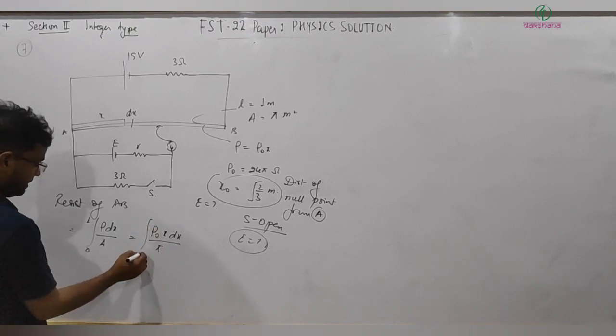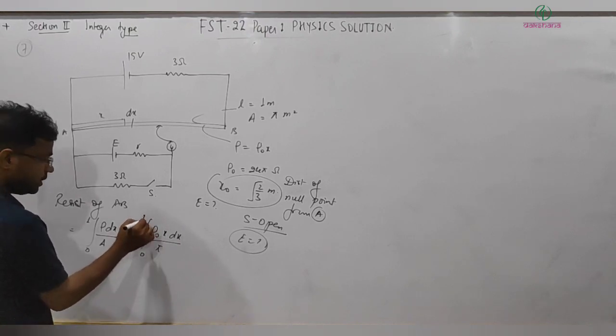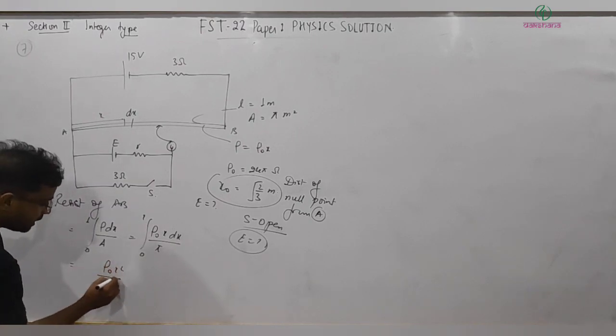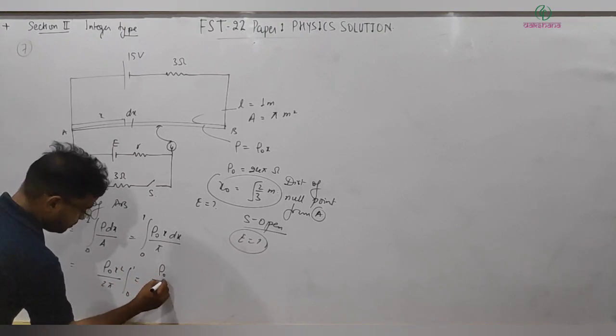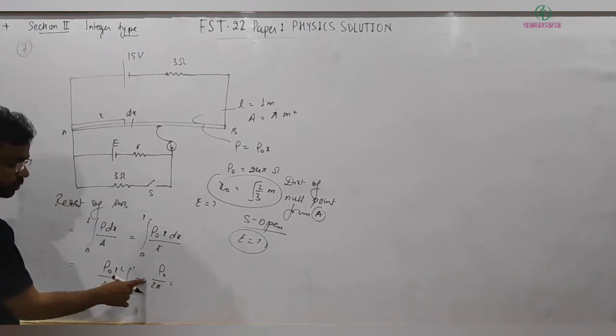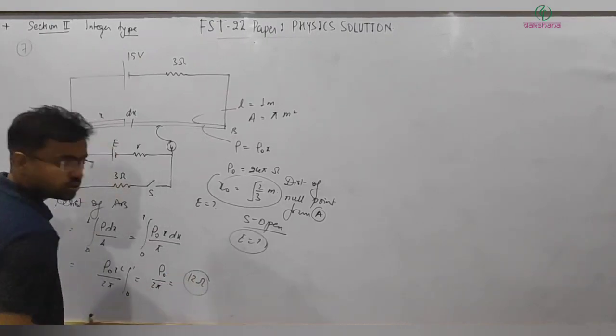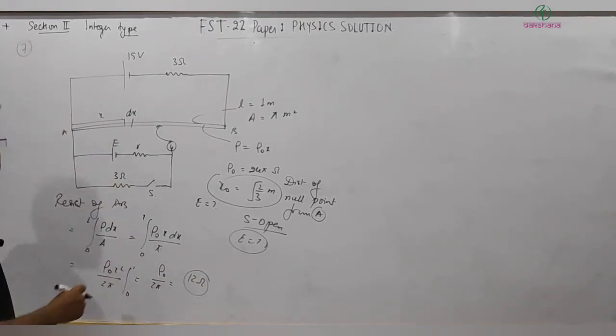Integrating from 0 to 1, we get rho naught into x square divided by 2 pi, so rho naught by 2 pi. The value of rho naught is 24 pi, so we get 12 ohm. So the resistance of this AB wire is 12 ohm.